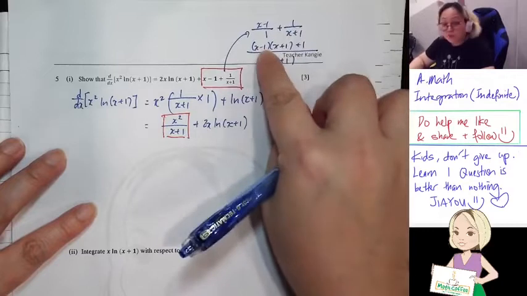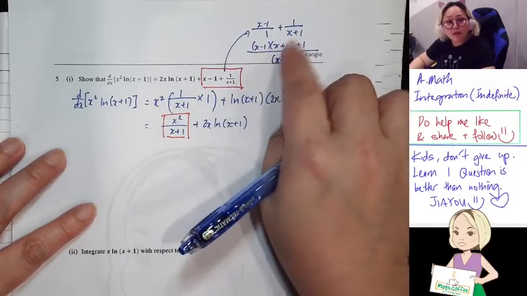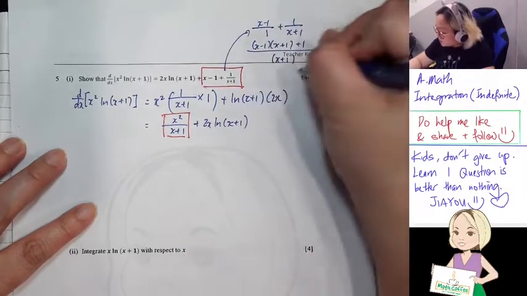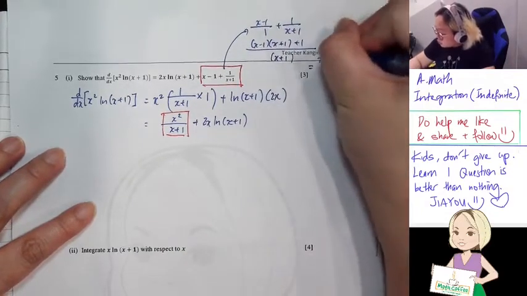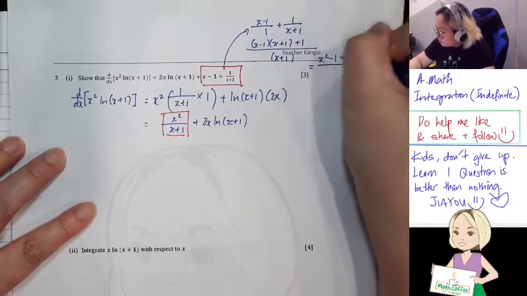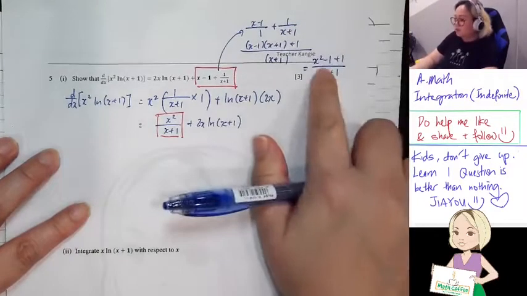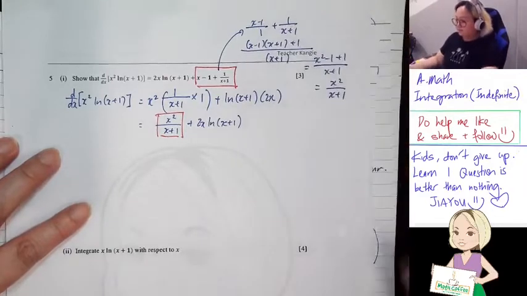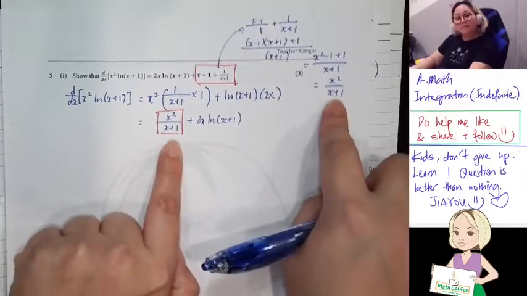This is a minus b times a plus b, so it is a squared minus b squared. It equals x squared minus 1 plus 1 over x plus 1. Minus 1 plus 1 is 0, so it ends up as x squared over x plus 1. Now it's exactly the same.